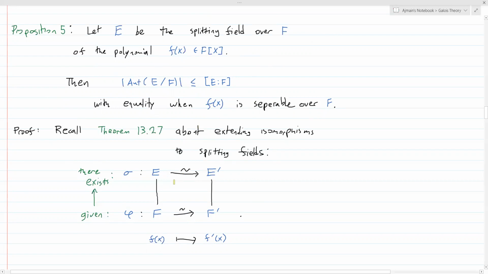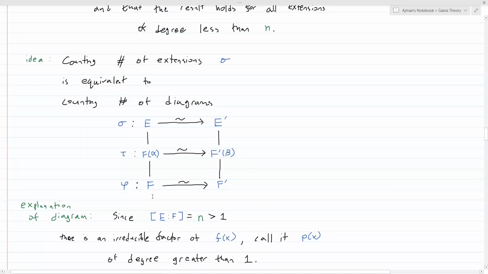I'll make a note. Why did we have to go through the trouble of starting with F and F prime? Why couldn't we just extend the identity on F? That's because when we do our induction hypothesis, we're going from adjoining some root alpha to some root beta, some root of f of x to some root of f prime of x.